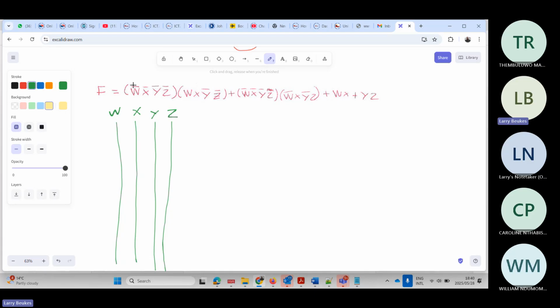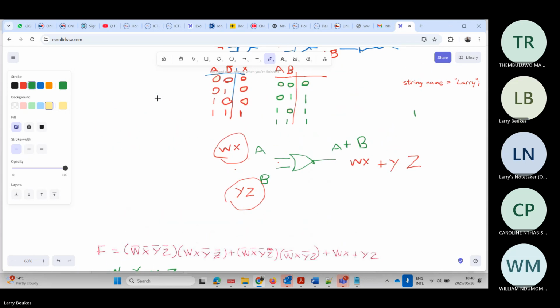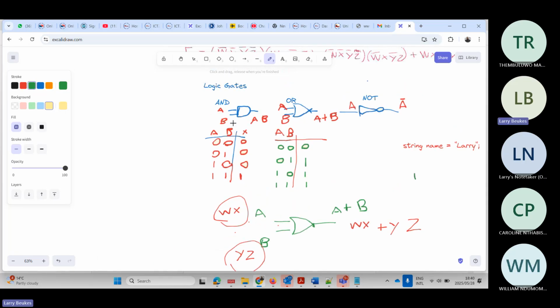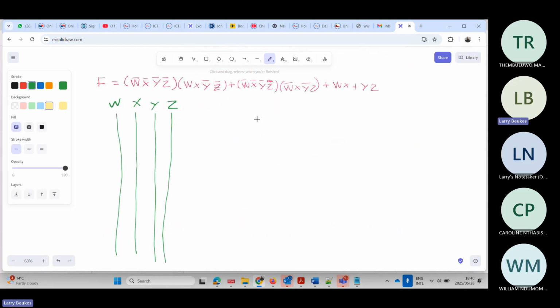So now we need to construct this gate. You see this gate, we need to take this W, which is A, for example, and X and Y and Z, and make a gate out of this. So which gate is this? It's our basic AND gate, right? It took this input and then it just basically almost multiplied this, right?